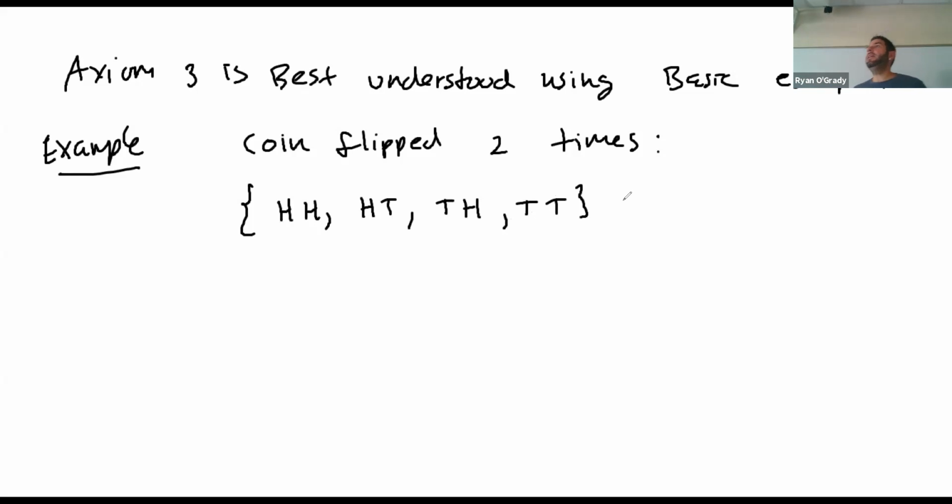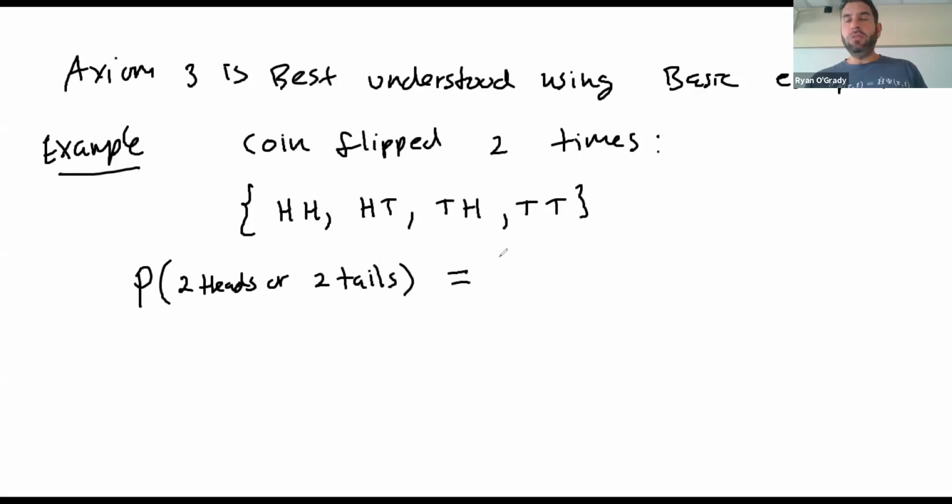Now let's think of two different events that can occur that are mutually exclusive. How about two heads and two tails? Those are two mutually exclusive events. So let's write this down. On one hand, what is the probability that I get two heads or two tails?